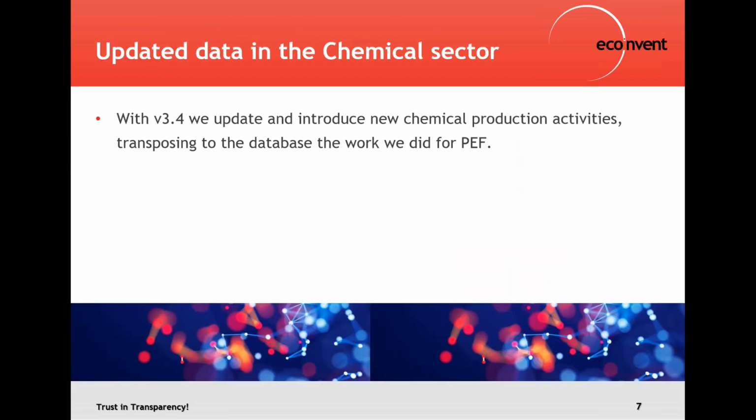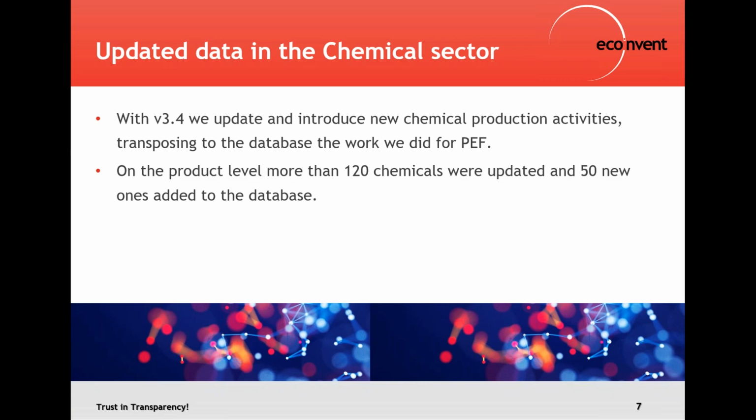We can maybe move on to another sector that has been updated, and this is the chemical sector. This update is mainly a transposition of the work we have done in the framework of the PEF initiative. We have delivered for the European Commission chemical data for the PEF database, and we have then transposed those results into version 3.4.